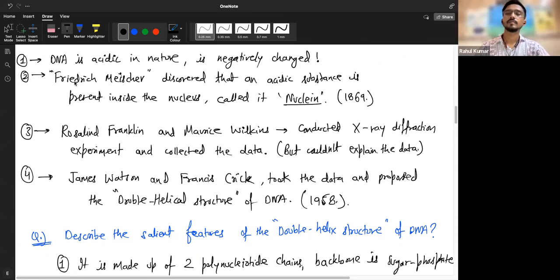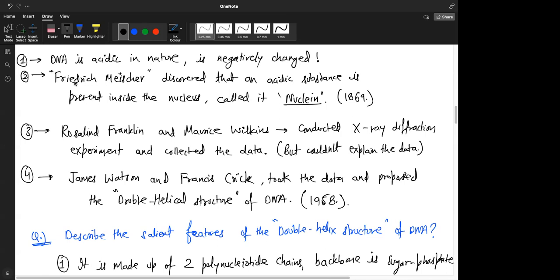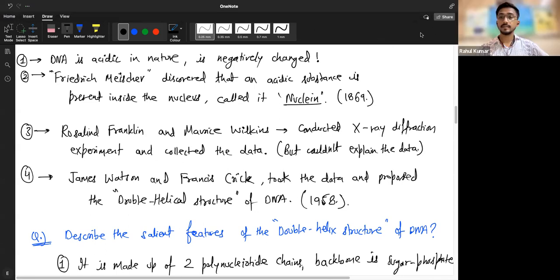So the DNA is acidic in nature and it is negatively charged. The acidic substance present in DNA was first discovered by Frederick Miescher in 1869 and he called it nuclein. He did not know that it is DNA. He knew that something is present in the nucleus and he called it nuclein.